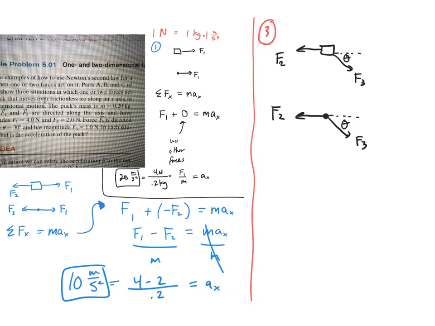I would again draw my object at the center, pull back with F2. Then how would I draw F3? How would I draw F3? Go ahead, Em. Well, you put one arrow going to the right in the X direction and do F3 cosine theta. And then one going down, F3 sine theta.